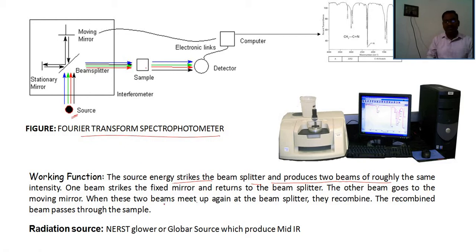When these two beams meet again at the beam splitter, they recombine. The recombined beam passes through the sample. The radiation source here is a Nernst or Globar source, which produces the mid-IR region.